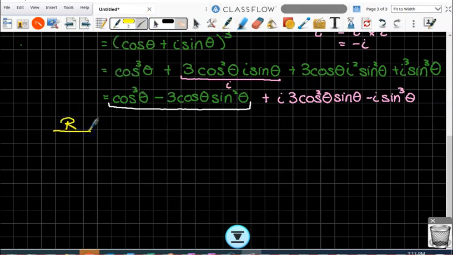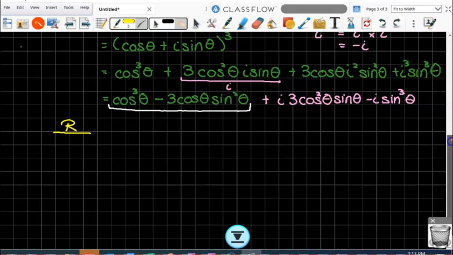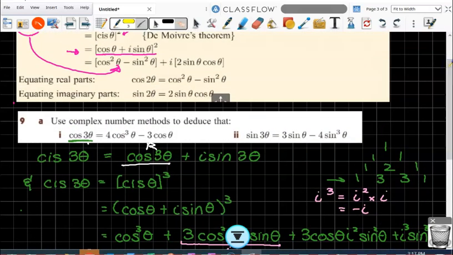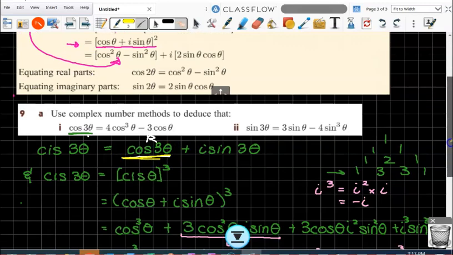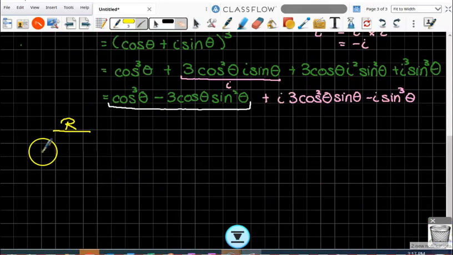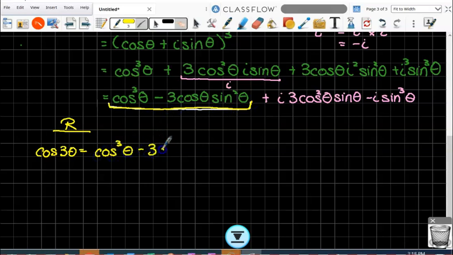So our real part is right at the beginning up here. This was our real, cos 3 theta. That's going to equal this real part here. Cos cubed theta minus 3 cos theta sine squared theta.